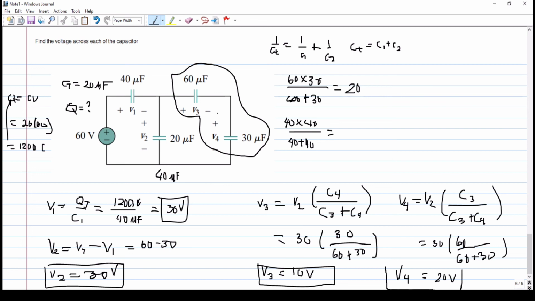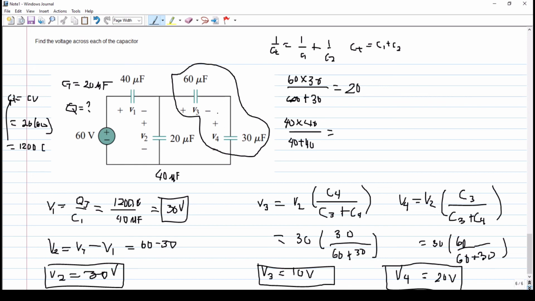Okay. So that is the answer for the voltage across the capacitors. First, V1 here is 30 volt, then V2 is 30 volt also, then V3 is 10 volt, then V4 is 20 volt.